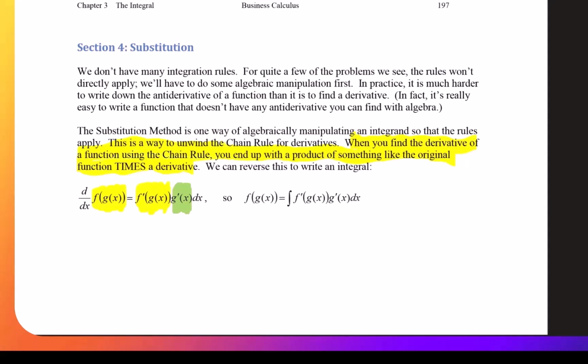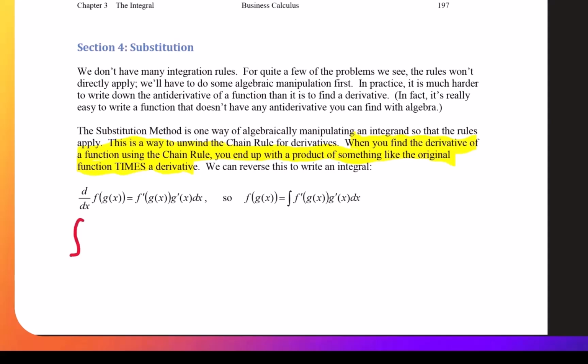Now, how do we get it into an integral form? Remember that when I want to undo a derivative or use the inverse of it to cancel the derivative function, I use the integral.